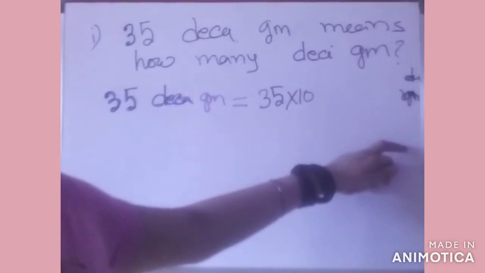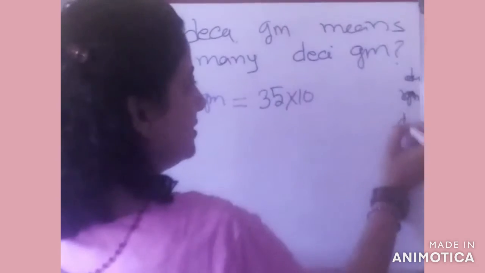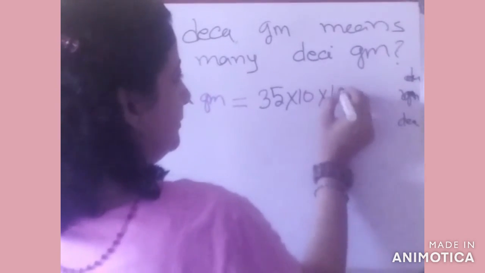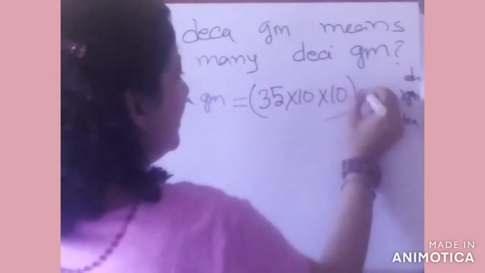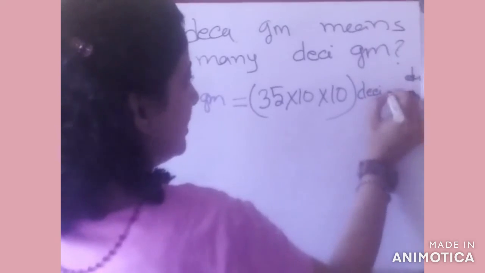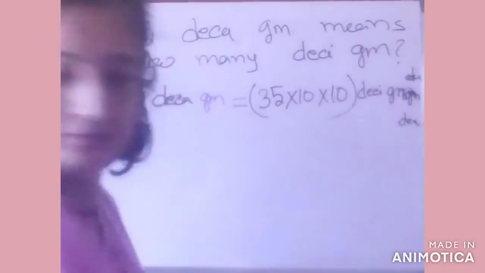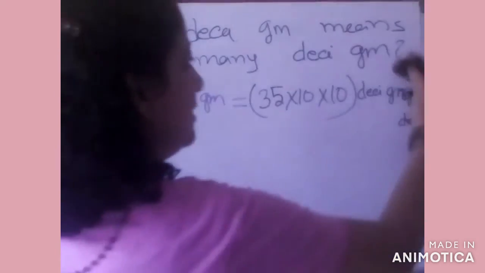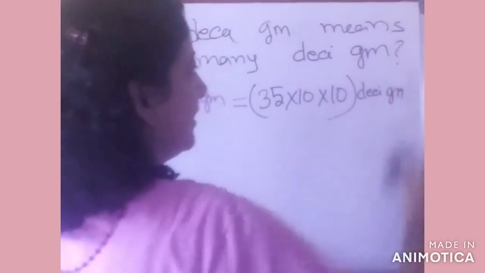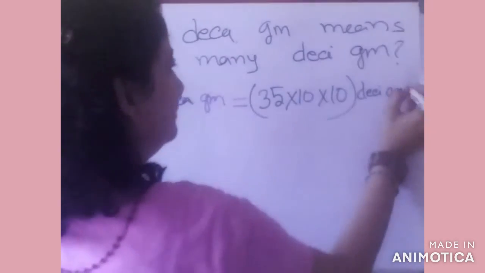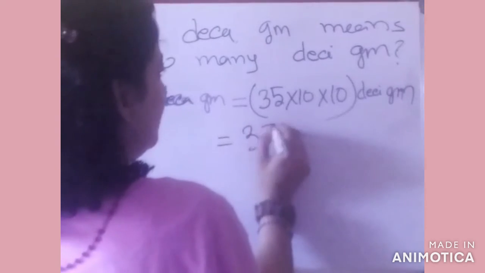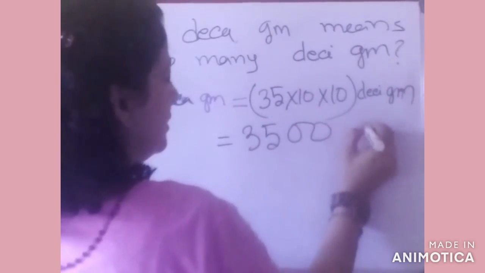And then gram to decigram, another 10. And then this is converted into decigram. So now it will be 3500 decigram.